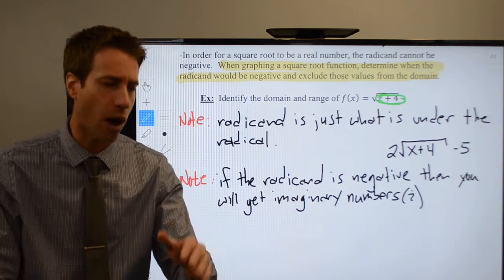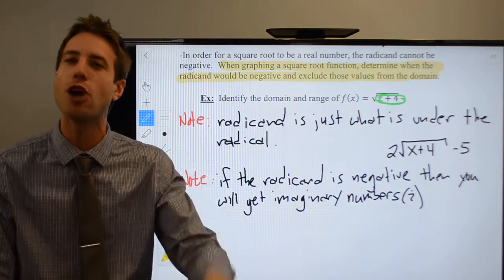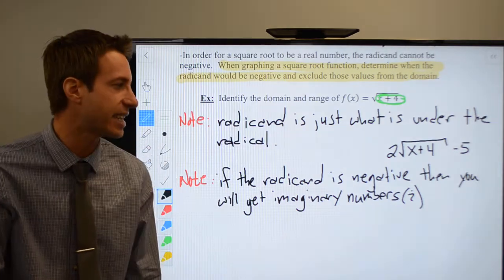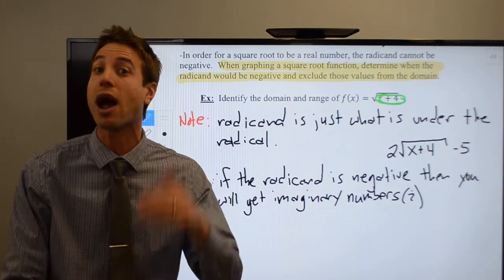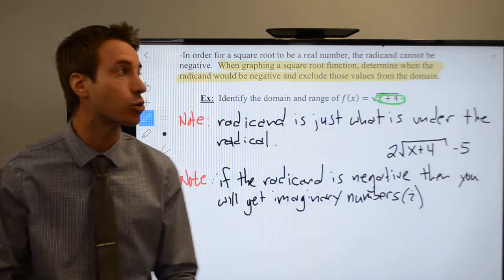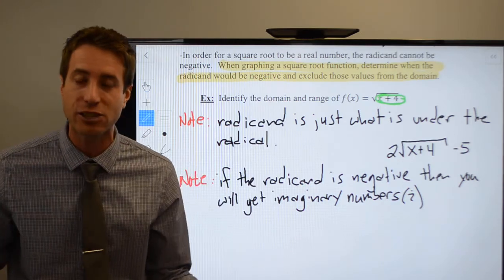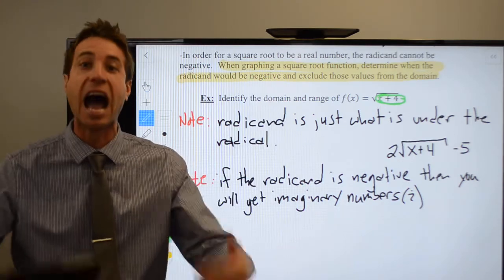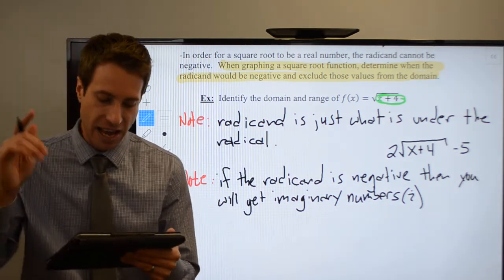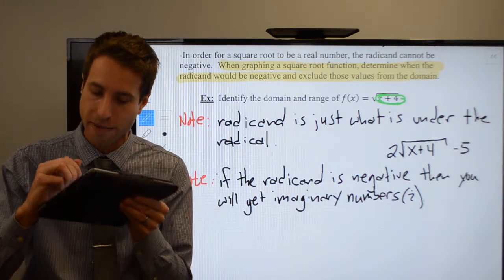Imaginary numbers are no problem. We've been dealing with imaginary numbers in previous chapters. We know what to do with them. They're perfectly fine solutions. That's not the issue. The issue is we're trying to graph, and I can't graph imaginary numbers. That's why I do not want my radicand to be negative. Not because imaginary numbers are bad, they're perfectly fine. I just can't graph them. So we're going to leave them out. If the radicand is negative, then you will get imaginary numbers, and we can't graph imaginary numbers.